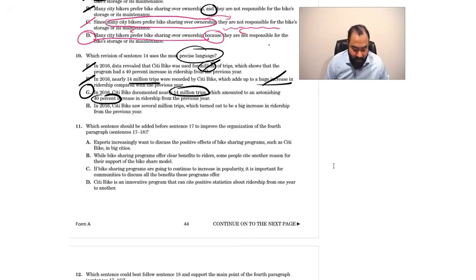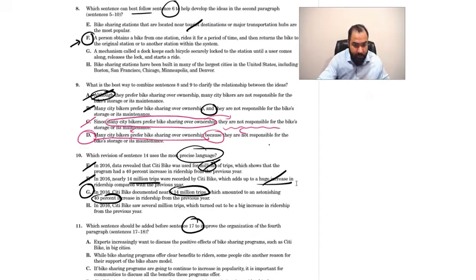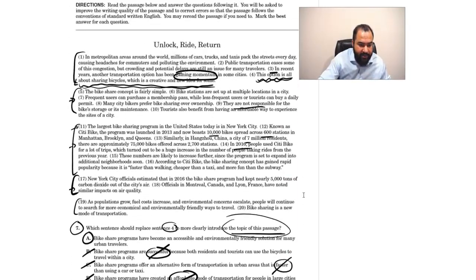Number 11 says, which sentence should be added before sentence 17 to improve the organization of the fourth paragraph? So this is an organization improvement question about sentence 17. Let's see. It says the New York City officials estimated that in 2016 the bike share program kept nearly 5,000 tons of carbon dioxide out of the city.